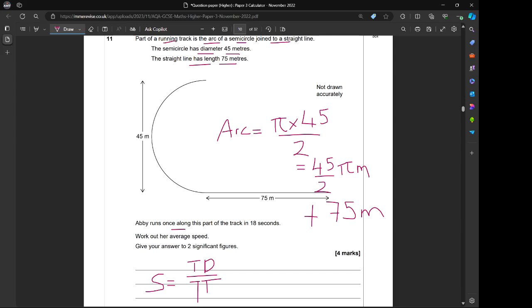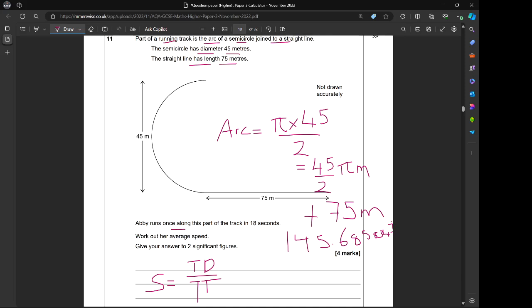Give me 1 second, guys, to get my calculator. So 45 divided by 2 pi plus 75 is 145.6858347.